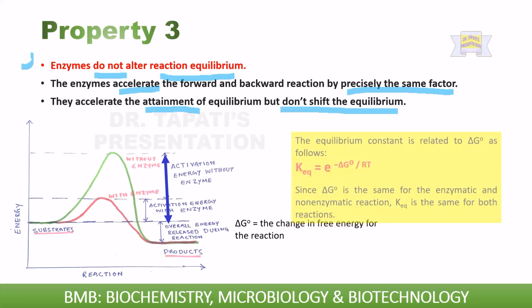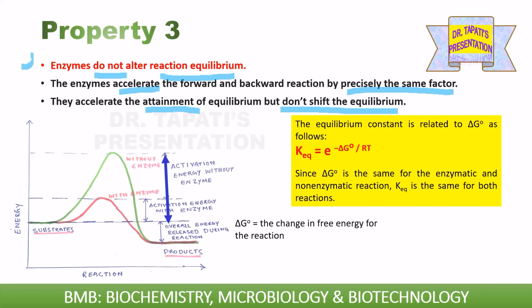Why? The equilibrium constant is related to delta G0 as K equilibrium is equal to e to the power minus delta G0 divided by RT, where delta G0 is the change in free energy for the reaction.